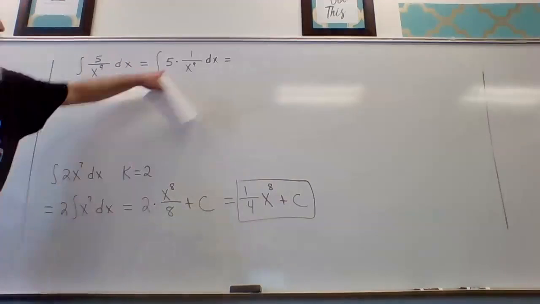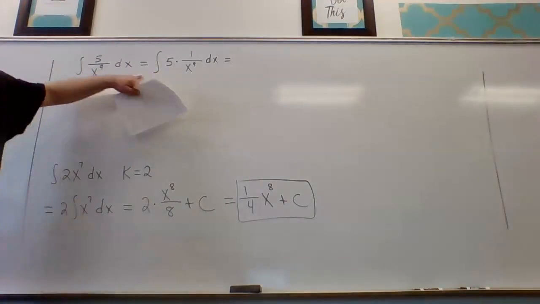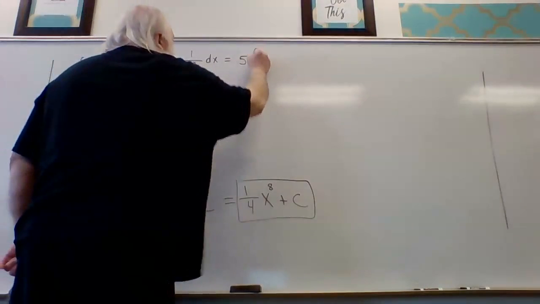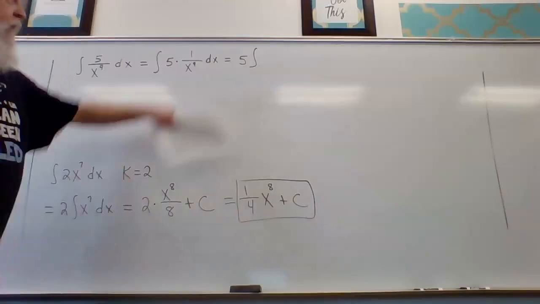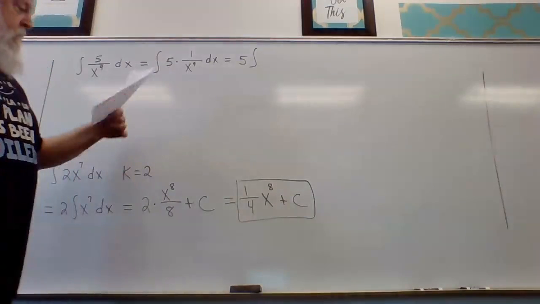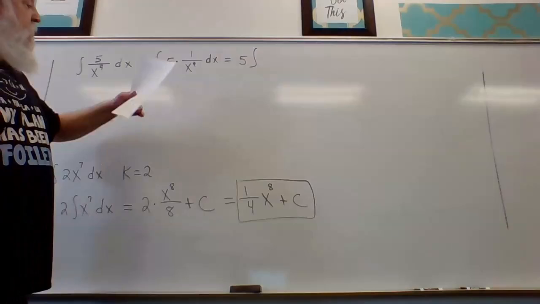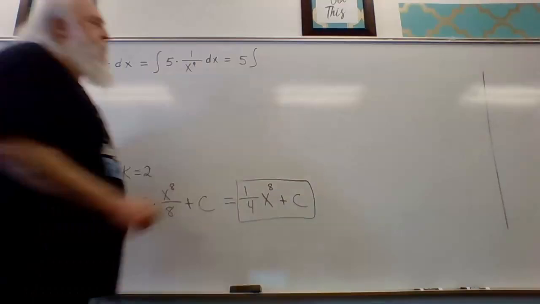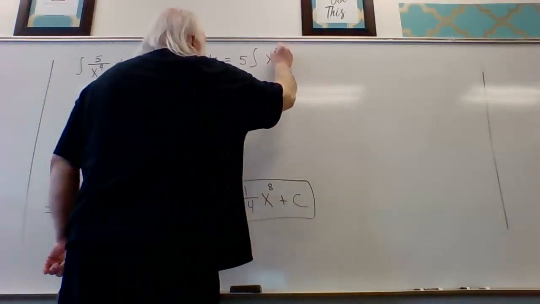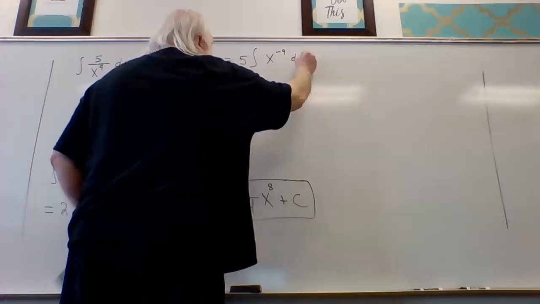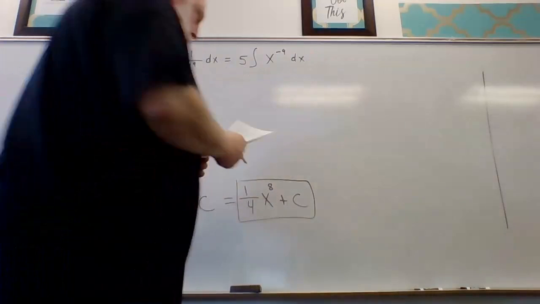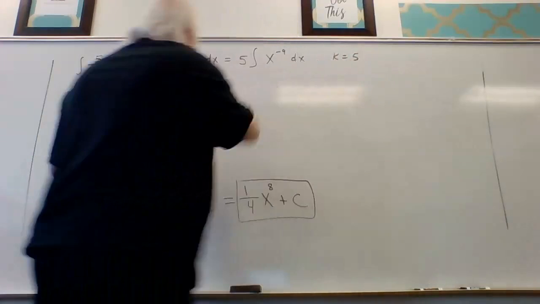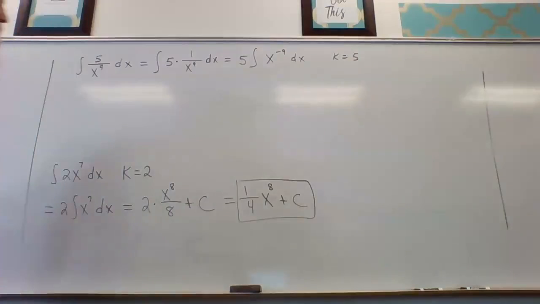And so the 5 is a multiplicative constant. It can be brought out in front of the integral sign. And so k is equal to 5 in this case. And 1 over x to the 9th is the same as x to the minus 9th power.